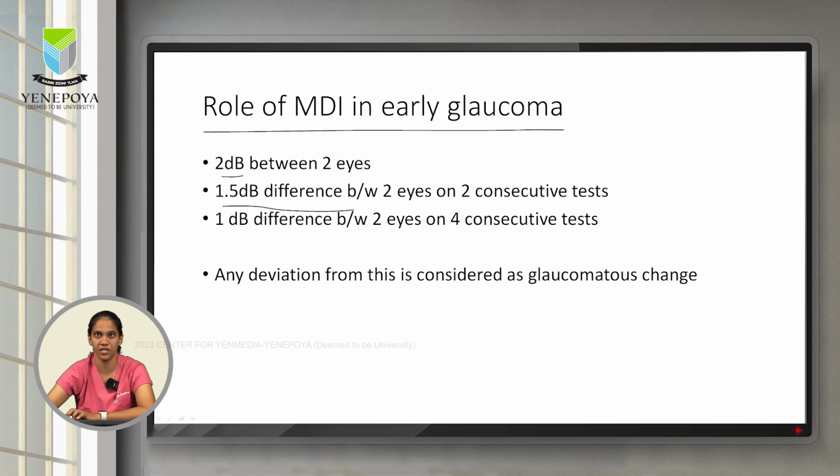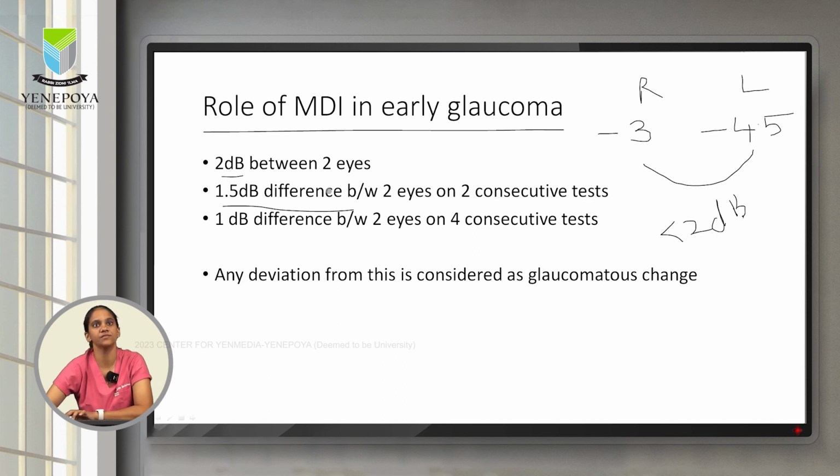To make it more clear, say the mean deviation index was minus 3 in the right eye, minus 4.5 in the left eye. This is the right eye, this is the left eye. In this, less than 2 decibel change is there. So, this is most likely not a glaucoma, right? That is what I have told in the first point.